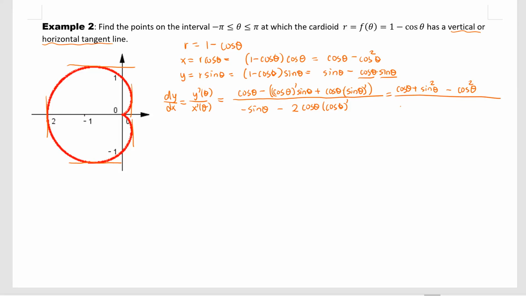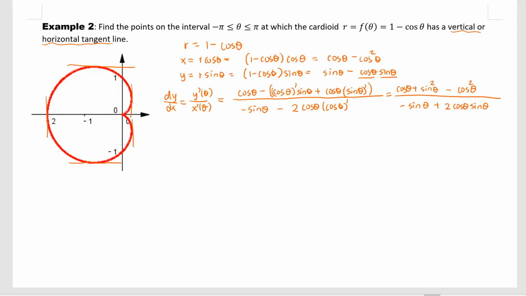The denominator: we have negative sine theta minus the derivative of cosine, which is negative sine, so minus becomes plus 2 cosine theta sine theta. So this is the derivative, right? In order to get a vertical tangent line, we set the denominator equal to 0. In order to get a horizontal tangent line, we set the numerator equal to 0.